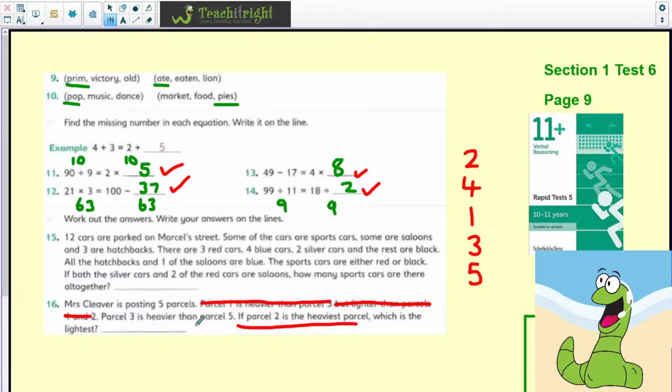Parcel 3 is heavier than parcel 5. Yeah, parcel 3 is heavier than parcel 5. And if parcel 2 is the heaviest parcel, that obviously goes at the top. And we're asked which is the lightest. So it's the one at the bottom. So that means that it'll be parcel 5. So well done if you got that correct.